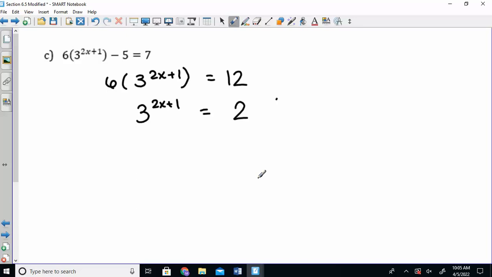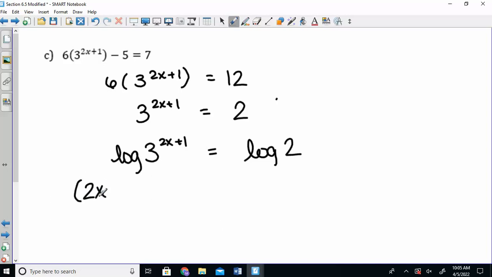Is it possible to get a common base? No. So we have to add our logs. Then what happens? Your exponent comes down.